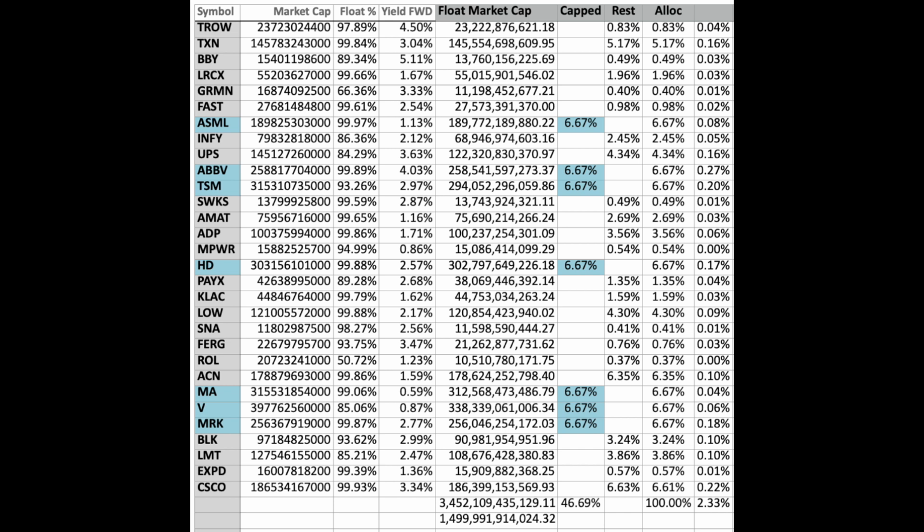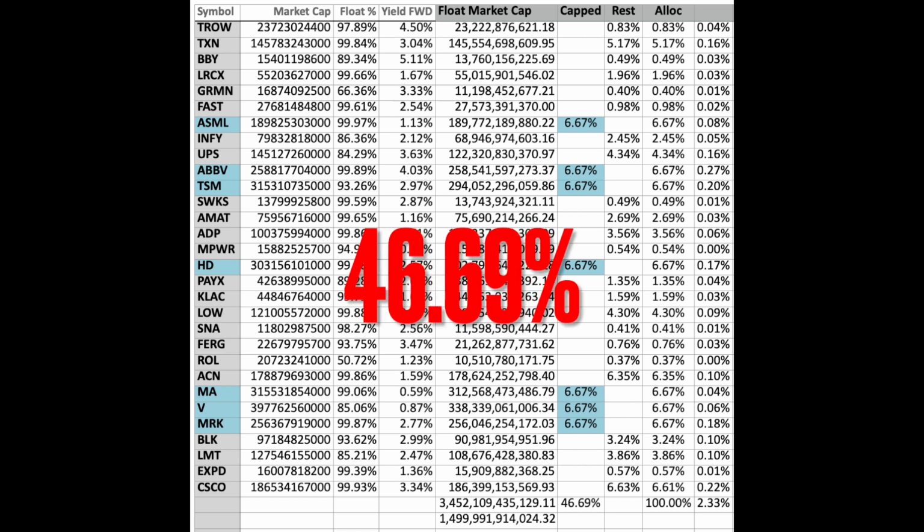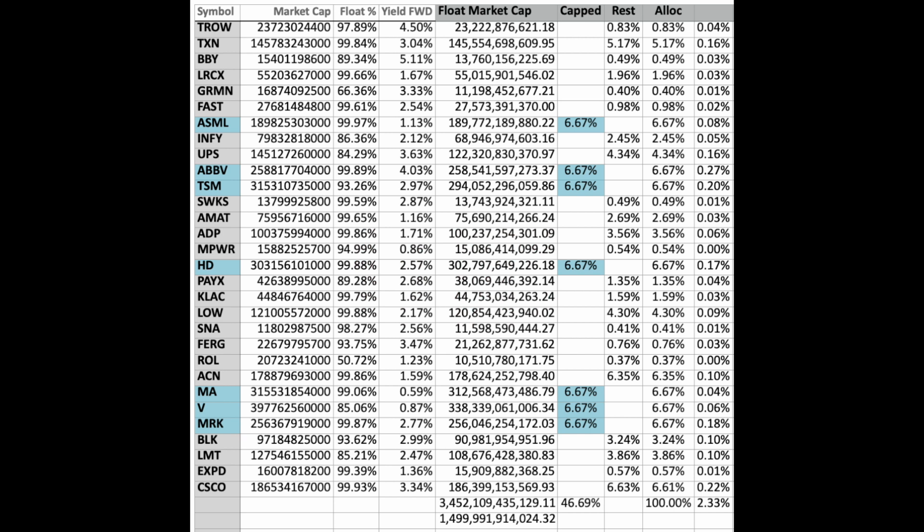They are ASML Holdings, AbbVie, Taiwan Semiconductor, Home Depot, MasterCard, Visa, and Merck. These 7 stocks will make up 46.69% of the total portfolio and will be the driving force of returns. The remaining 23 stocks were all assigned an allocation based on their float-adjusted market cap and will make up the remaining 53.31% of the portfolio.